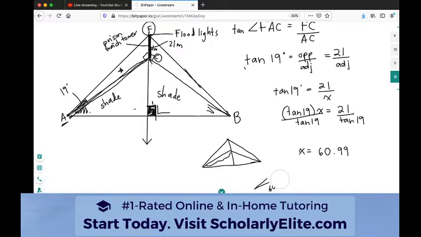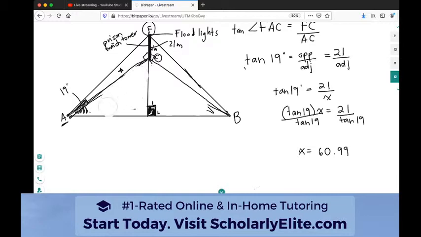I'm just going to do a little bit of erasing. Great. Erase that, erase this. Okay, let's do some law of cosines here. If I'm talking about the length of AB, and I'm using law of cosines, there are a couple of things I need to keep in mind.